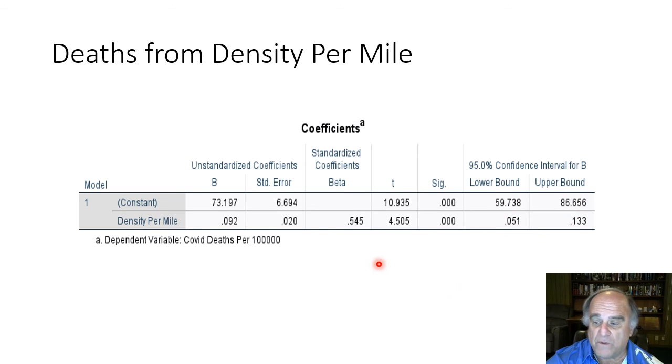Our regression equation would then be: predicted y for a state is equal to 73.197 plus 0.092 times the density per mile. And that will give us the predicted deaths per 100,000.